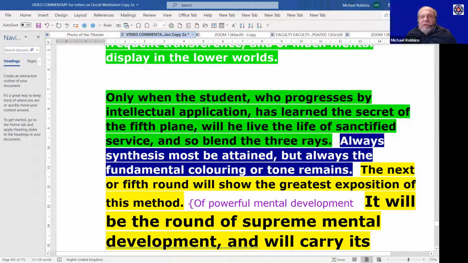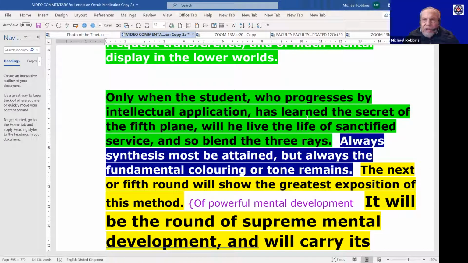So much of this particular section has been on living the sanctified life. Always synthesis must be attained, but always the fundamental coloring or tone remains. All the 7 rays will be involved, of course, but the great ray of indigo with its 7 subrays will be paramount.